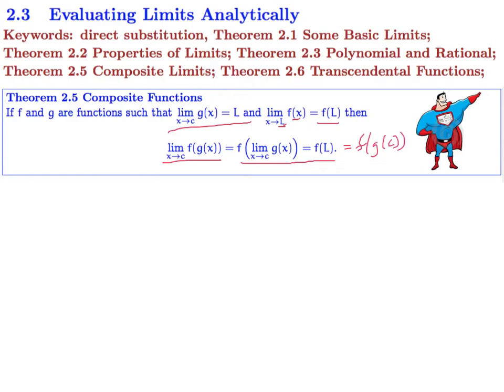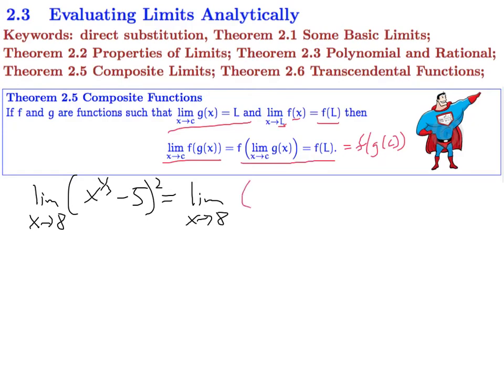So let's see how this works. Suppose you want to compute the limit as x approaches 8 of (x to the 1/3 minus 5), the whole thing squared. Well, the first thing you want to do is rewrite this as a composite of two functions, a composition.